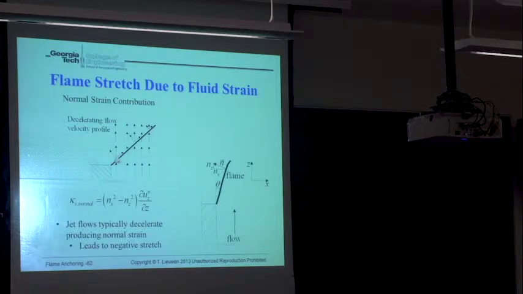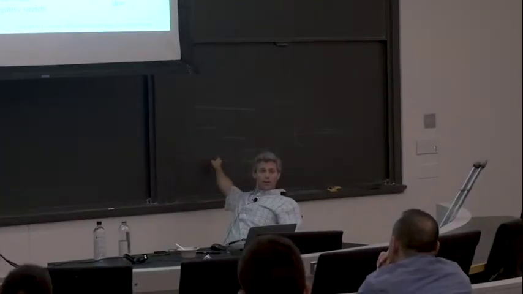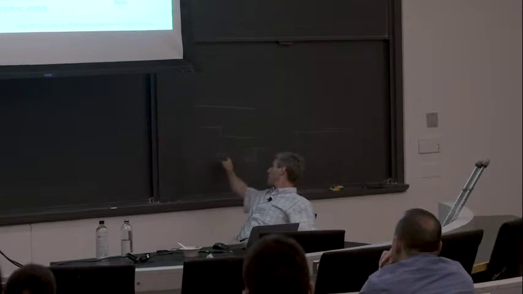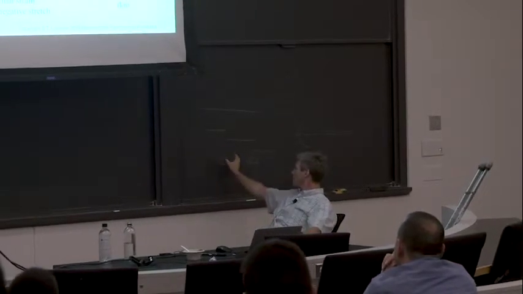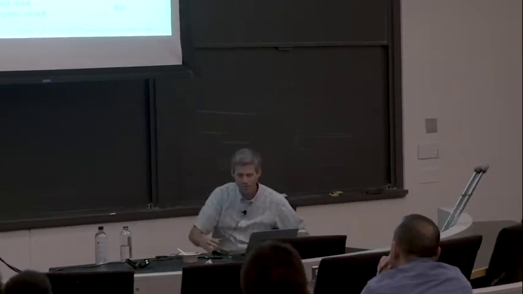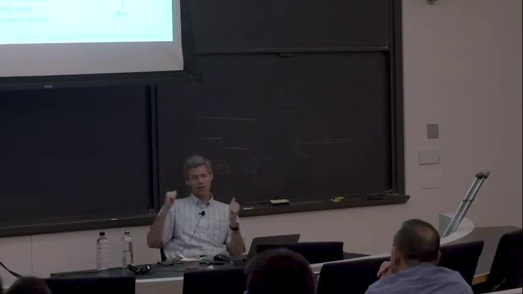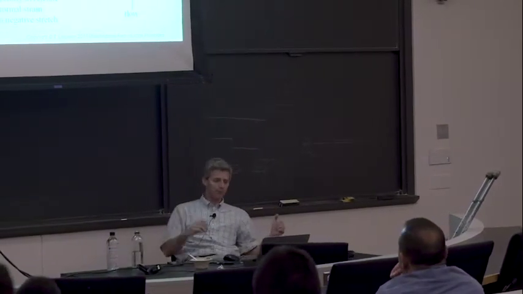It's negative, right? So the component tangential to the flame is actually decreasing along the flame. So decelerating bulk flow is actually leading to negative stretch. What that shows you is this kind of flow straining, at least if it's decelerating, this would be an accelerating flow strain, I guess. But a decelerating flow strain is actually going to translate into compressive stretch of the flame.